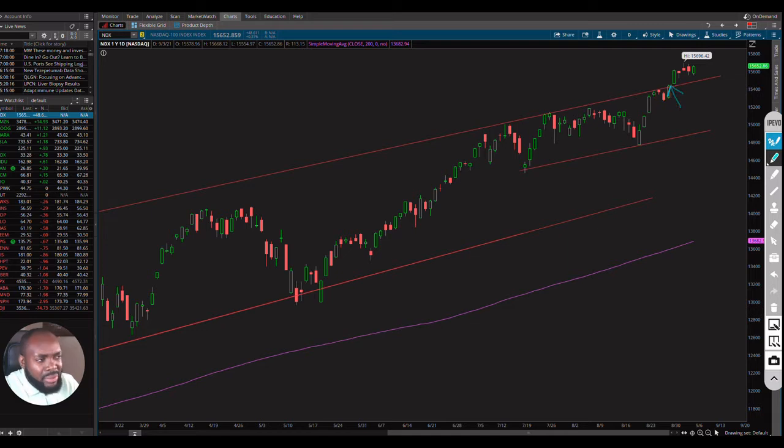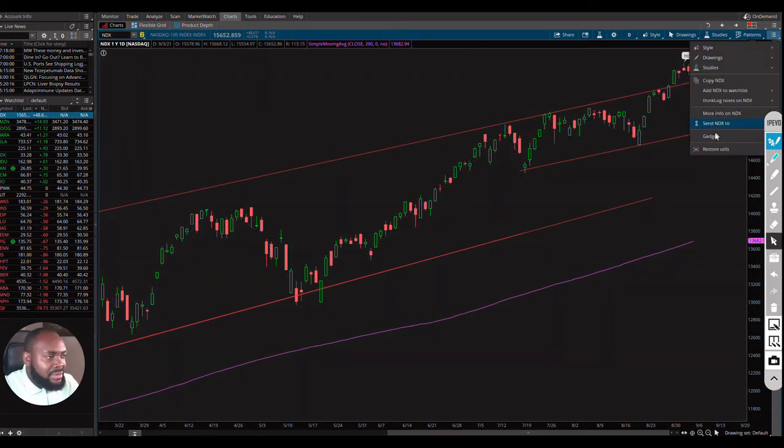Sometime last week we got a breakout of that channel, which you can see as we break out of the upper resistance level here. Price turns up, boom, breakout, and here we are consolidating on the NDX. So this chart looks very, very similar to SPY, and I'm just 100% convinced that this is potentially what we're going to see happen as far as the SPY chart goes.